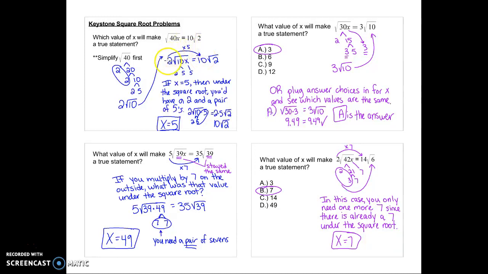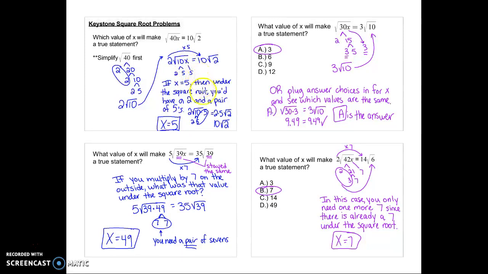Which means if my outside number is getting changed, there had to have been a pair of these numbers on the inside that allowed me to bring one of them to the outside. So I know that this breaks down into a 2 and a 5. Because this was multiplied by 5, there had to be a pair of 5s on the inside. Well, I already have a single 5 here, which means this x had to be my other 5.